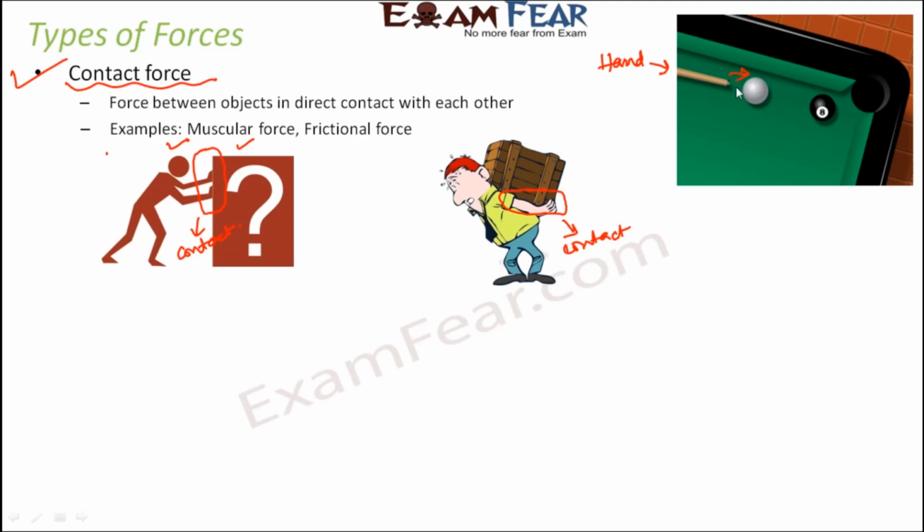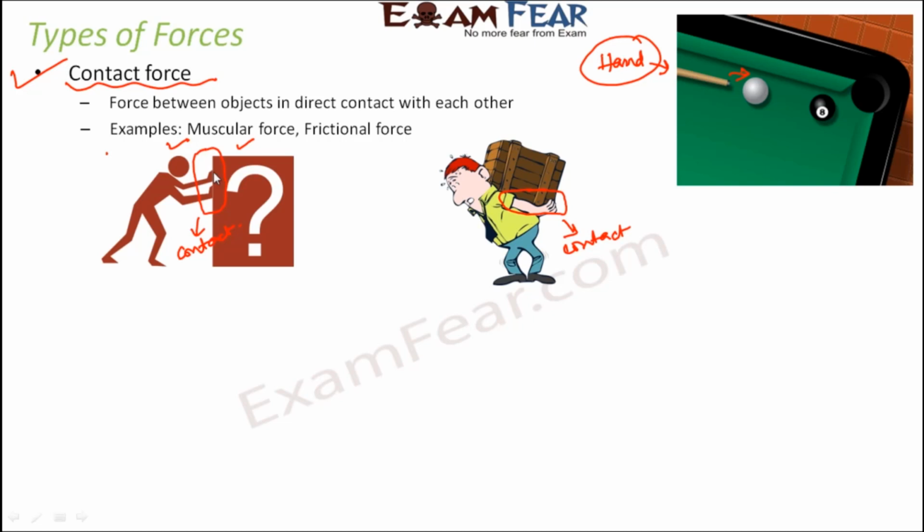Now as soon as the person applies a force on the rod, the rod will apply a force on the ball, and the ball will start moving. So this is also an example of contact force, because here also the hand is in contact with the ball through this rod.